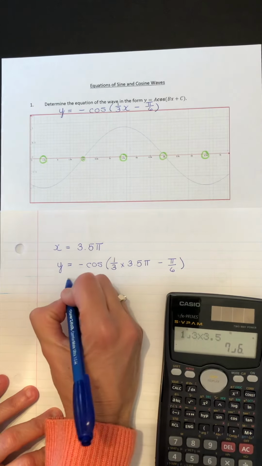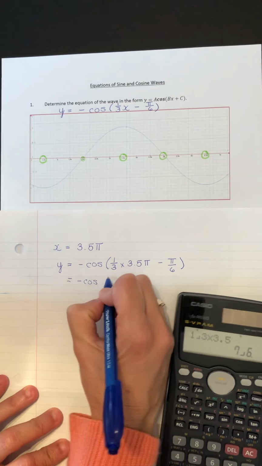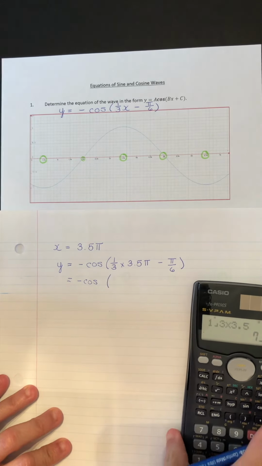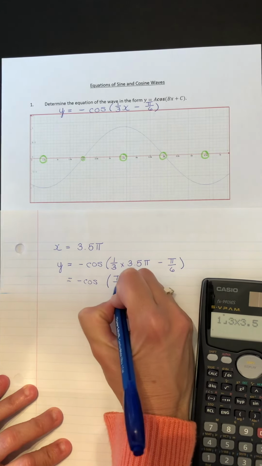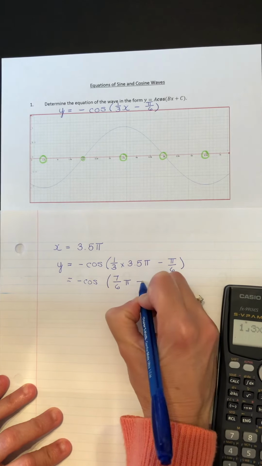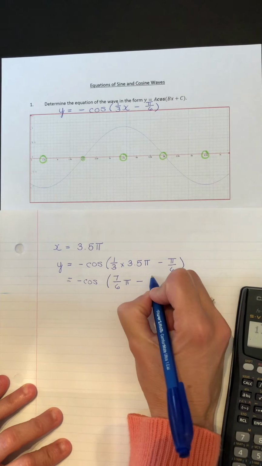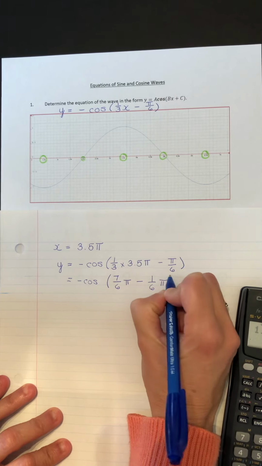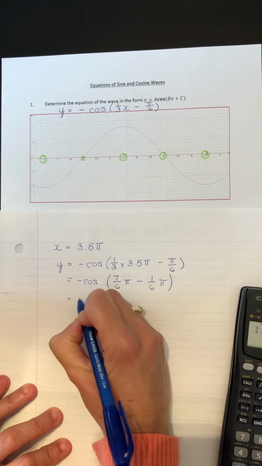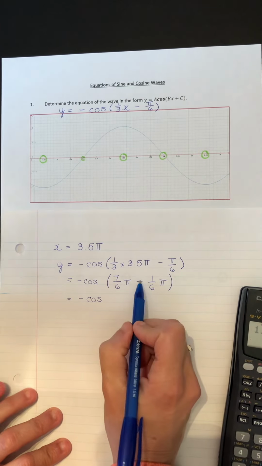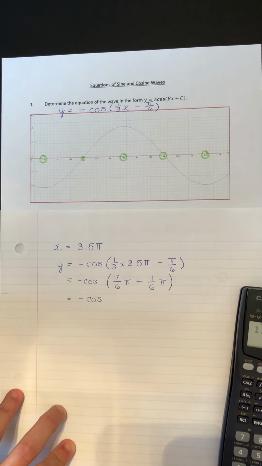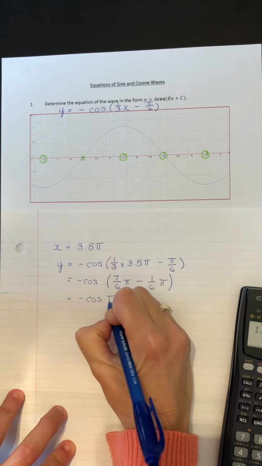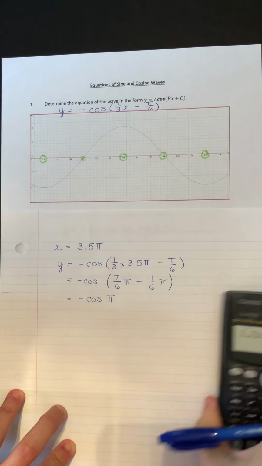So this is the same as negative cosine of 7/6 pi minus 1/6 pi. Okay, so next thing I'm going to do is the subtraction. So 7/6 pi minus 1/6 pi is equal to 6/6 pi, or in other words, 1 pi. So the whole inside of the bracket becomes pi.